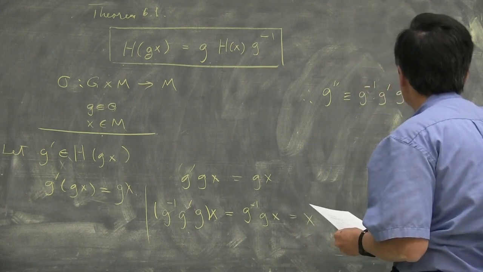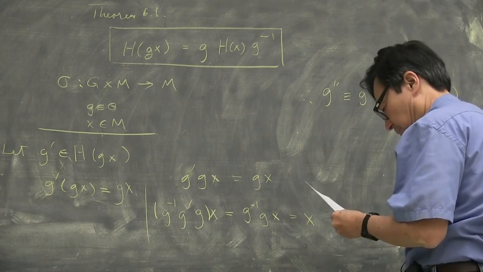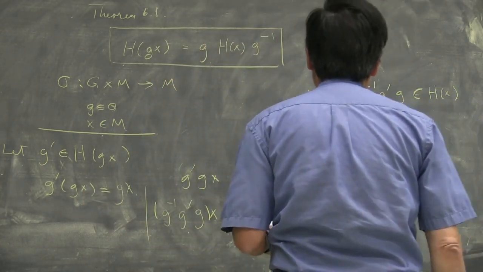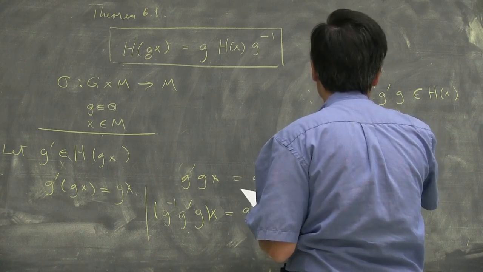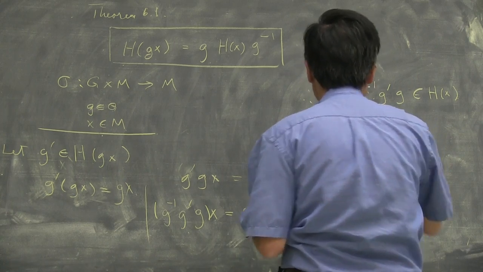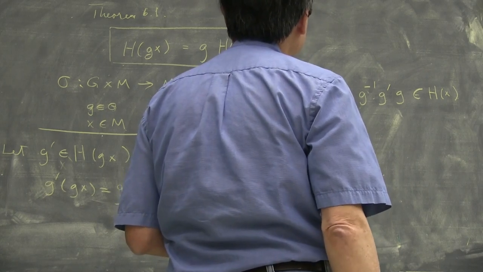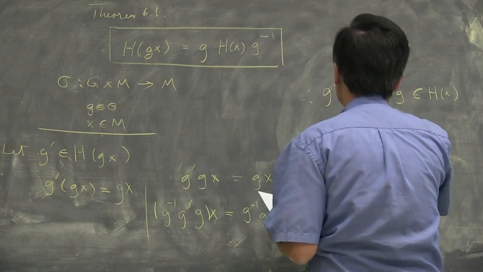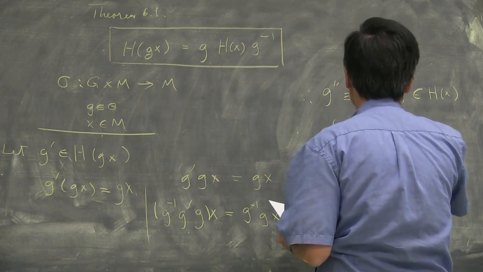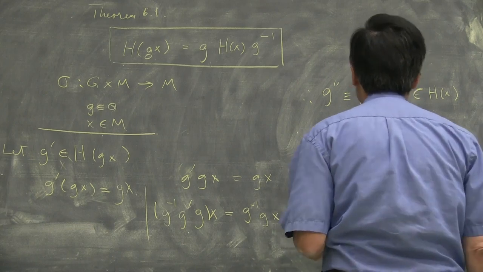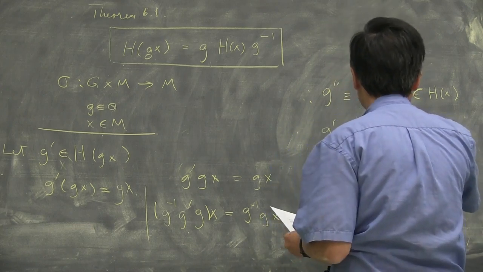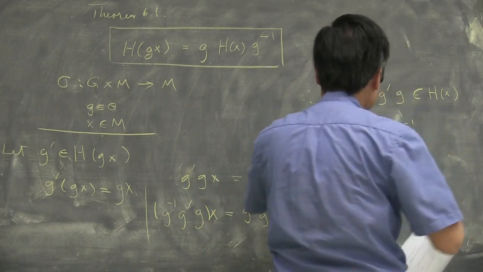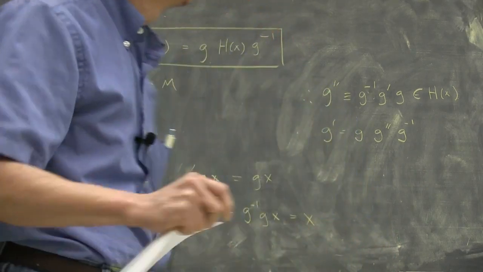It must be in the isotropy subgroup corresponding to x. Then g prime, I can write g prime must be equal to what? How can I write g prime in terms of the other things? g double prime g inverse. Exactly. g double prime g inverse, right? So simply by multiplying g on the left and g inverse on the right, then I get g prime.